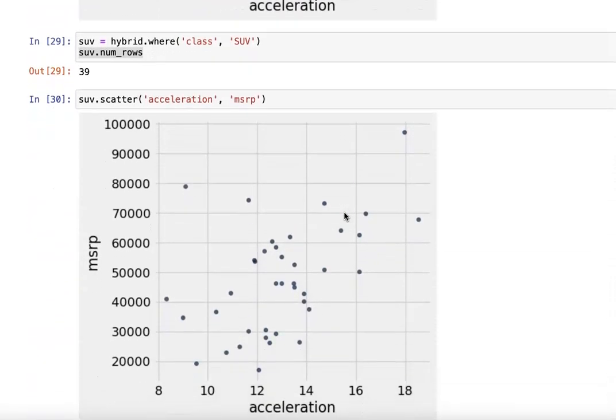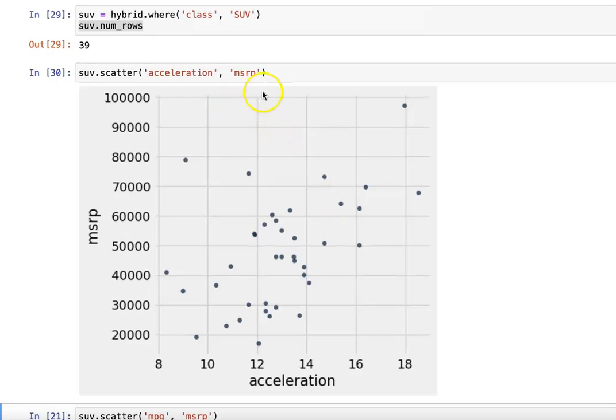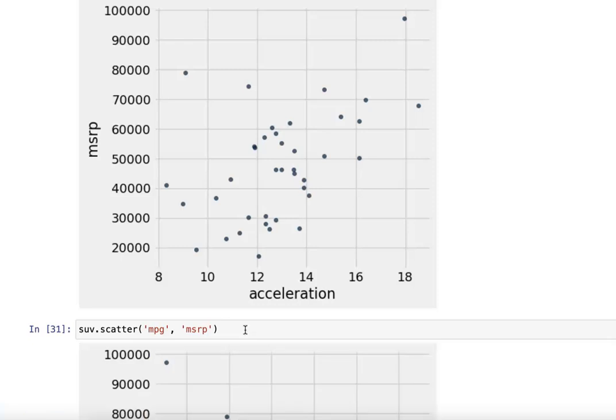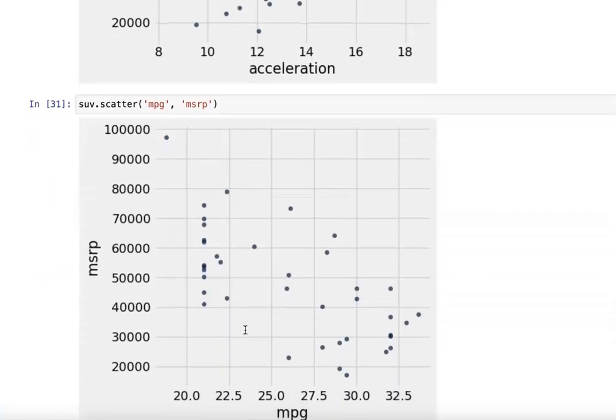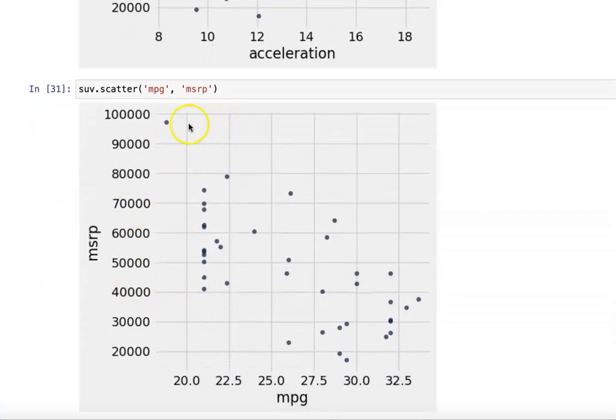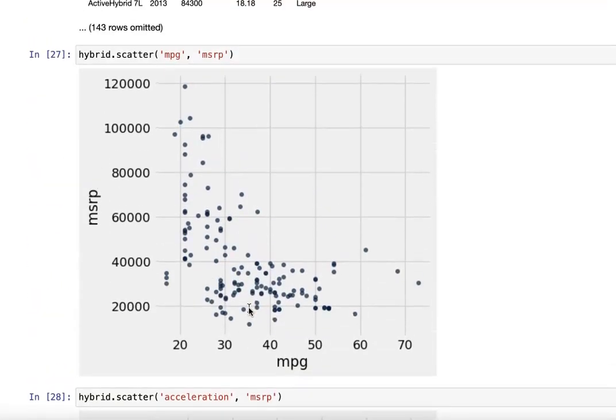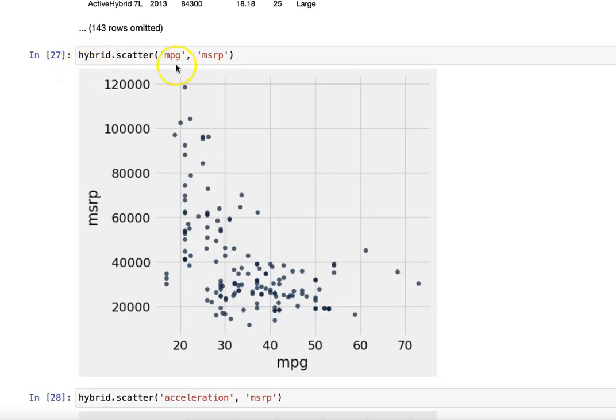Now again, we see the SUVs with the MSRP and the gas mileage alone. Like earlier, the gas mileage and the MSRP are still a negative association. However, remember what we had earlier for the MSRP for all the hybrid cars.